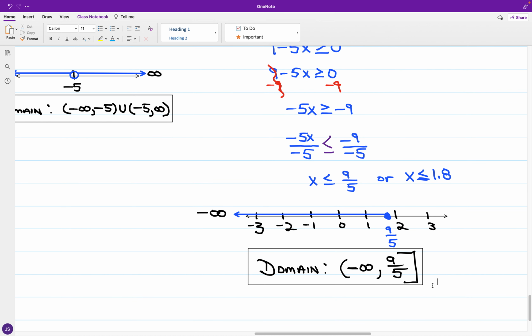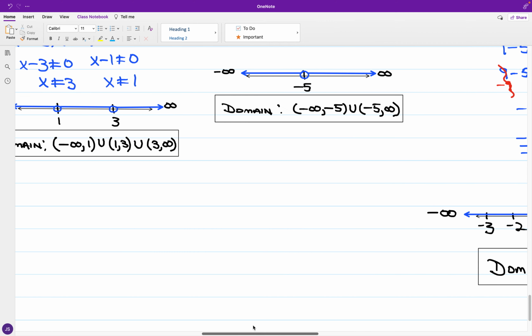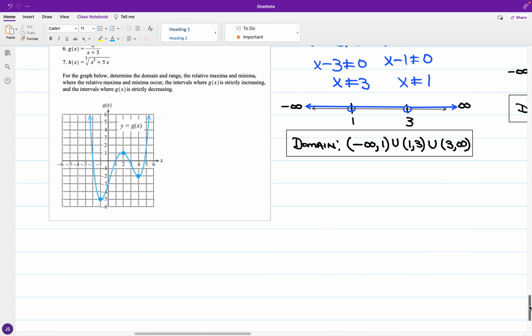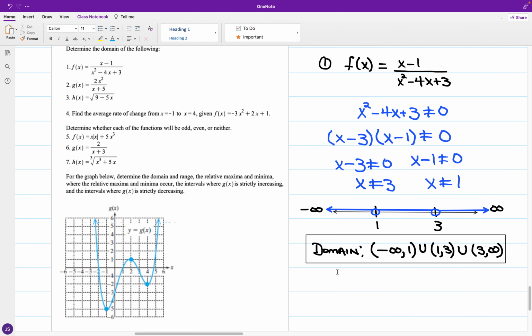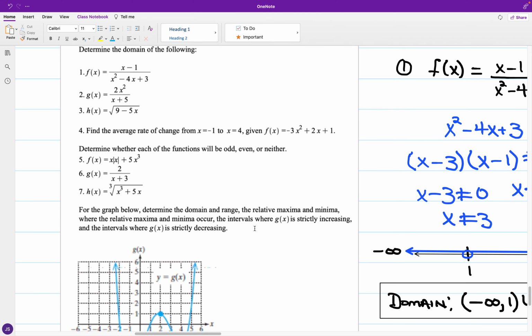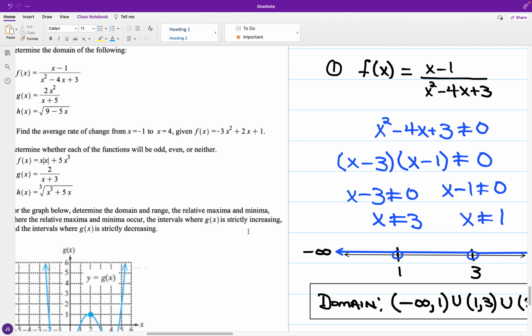Okay. And for what we have in the case, we'll look at this one more. For average rate of change, that's just another way of saying what the slope is, whenever you're looking at two specified points on the graph of the function, regardless of whether the function is linear or not.